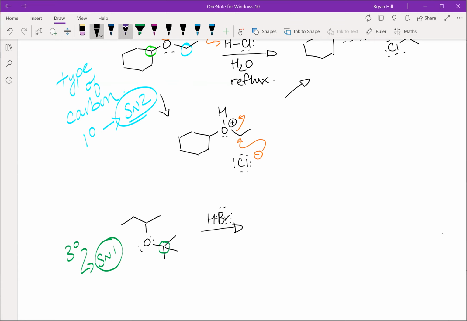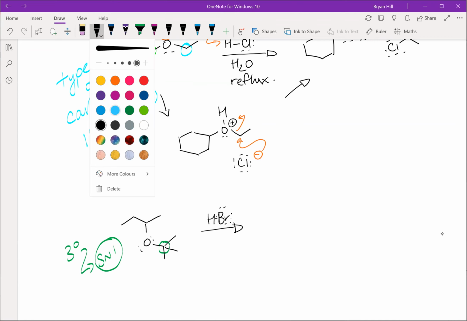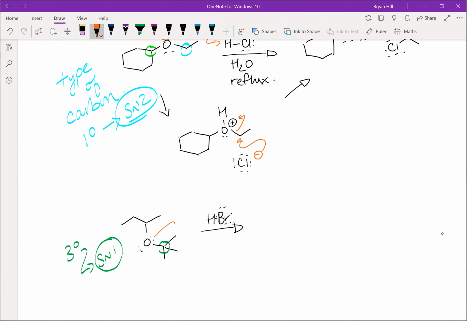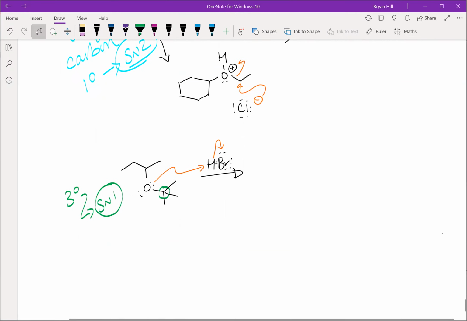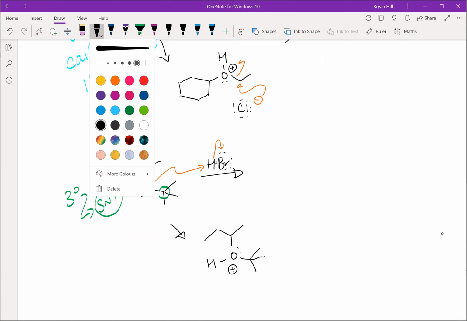And so the first step in each case is exactly the same. You protonate your ether. This will generate the leaving group, which is going to leave. So in this case, because we've got a tertiary carbon, we're going to do an SN1 reaction.